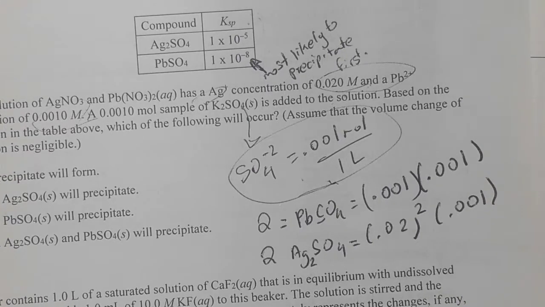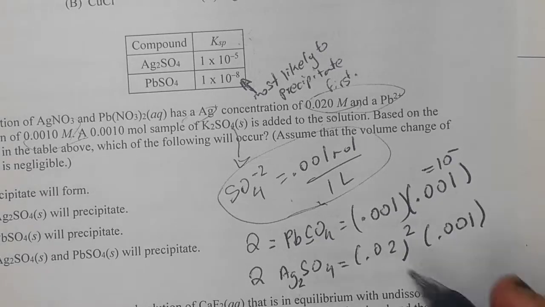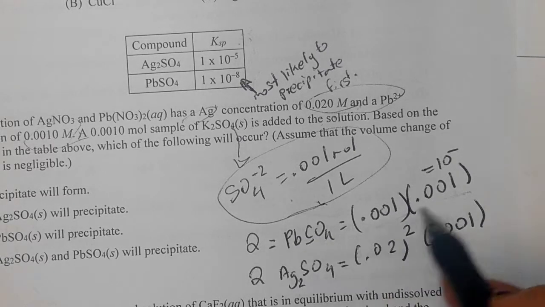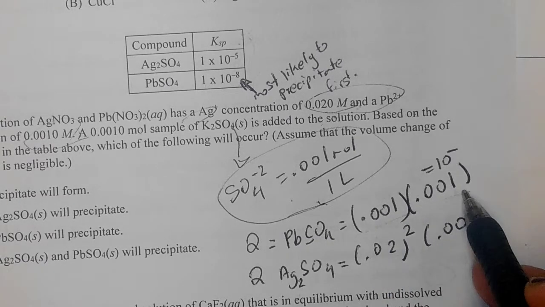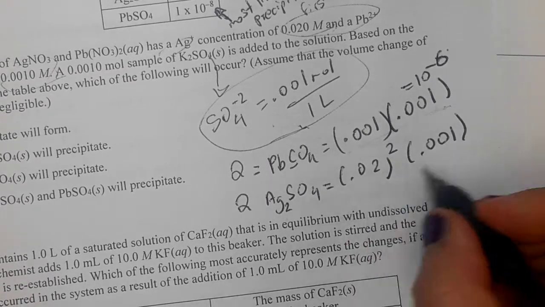Do you see that? You calculate this, you get 10 to the negative what? Mental math here. 10 to the negative 6, yeah.